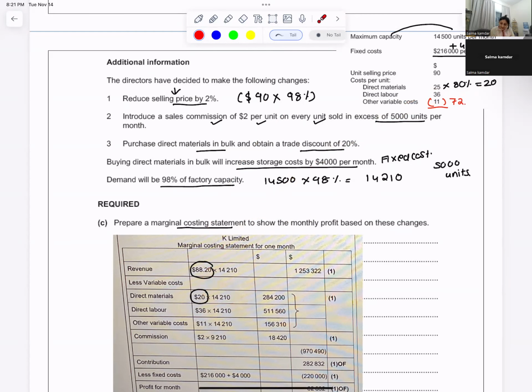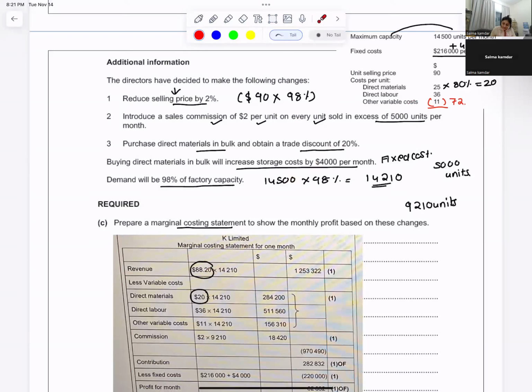Other than this, they said that you should give $2 per unit on every unit sold in excess of 5,000. So in excess of 5,000, I'm selling 14,210 units. I will deduct 5,000 units, so I will get 9,210 units.